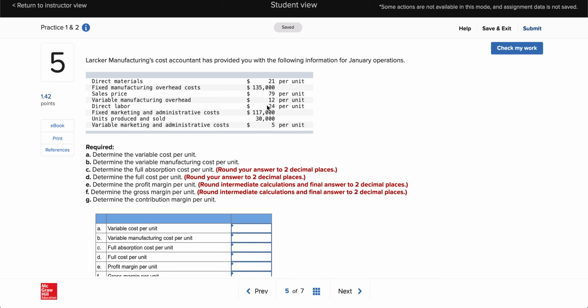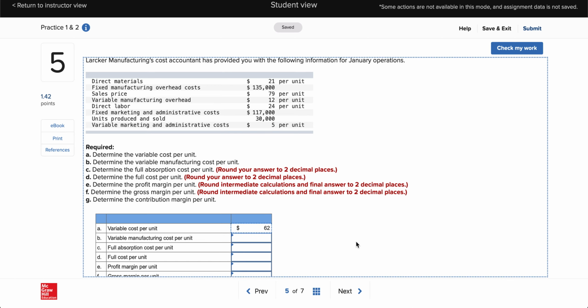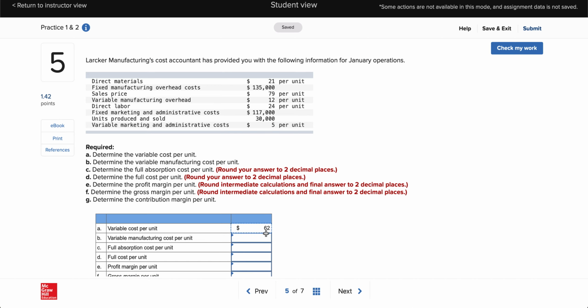Labor's here at $24. We have $12 worth of variable manufacturing overhead. And then we also want to include the $5 for the variable marketing and administration. So the 21 plus 12 plus 24 plus 5 gives us $62 per unit in variable cost.